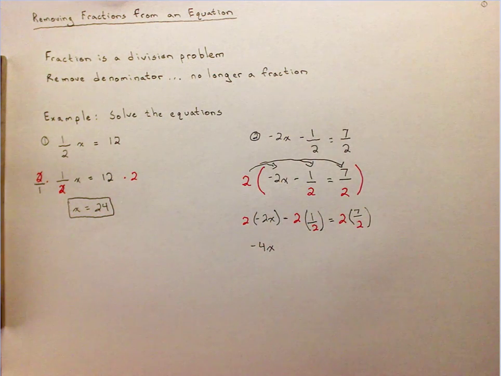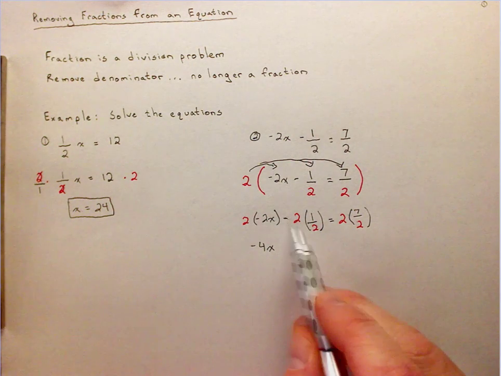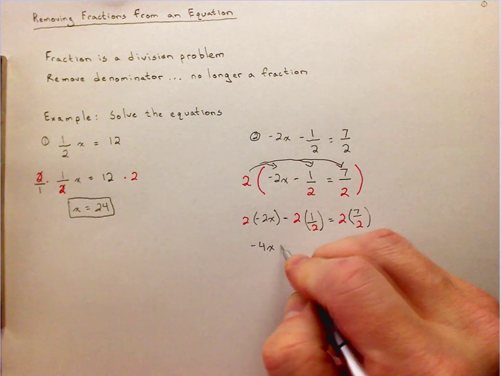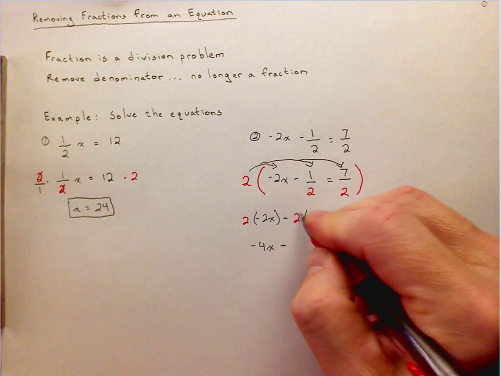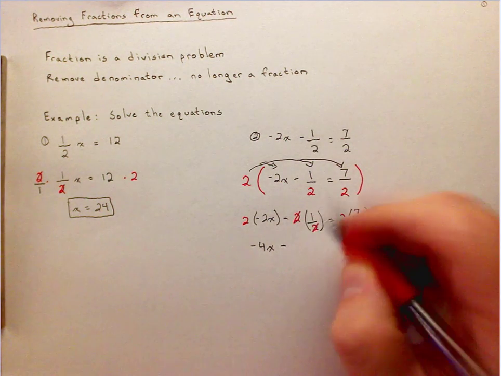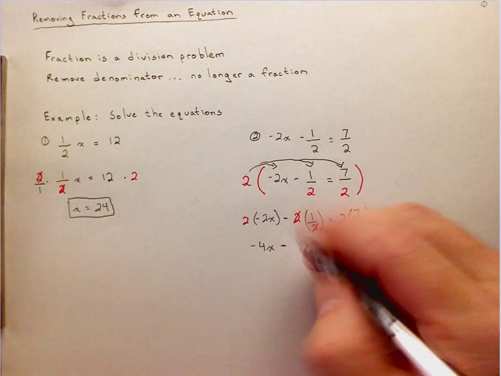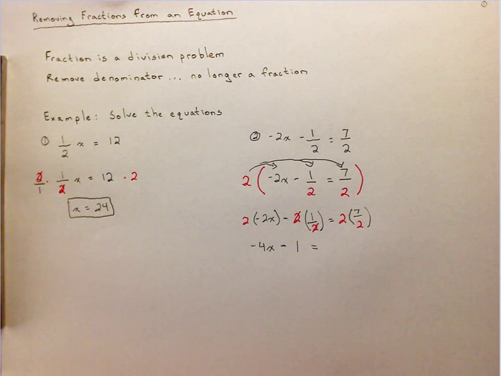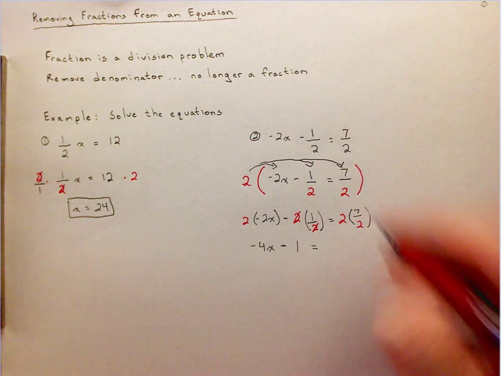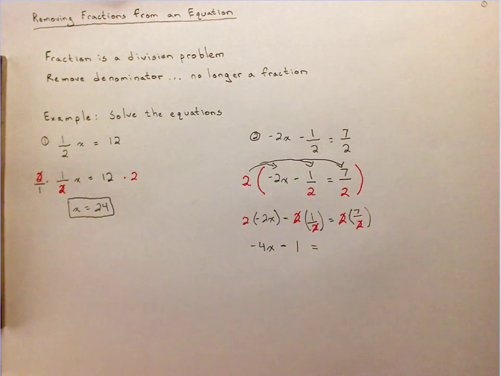I know that that's going to be negative. It's a negative 2 times 1/2, so minus, and then 2 times 1/2, well, my 2's cancel. That leaves me with 1 equals 2 times 7/2, well, my 2's cancel, and it leaves me with 7.